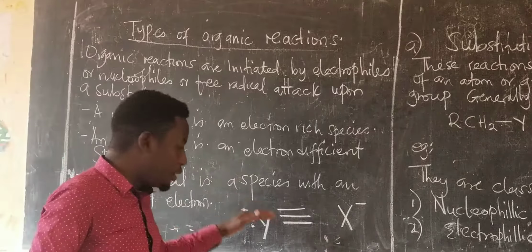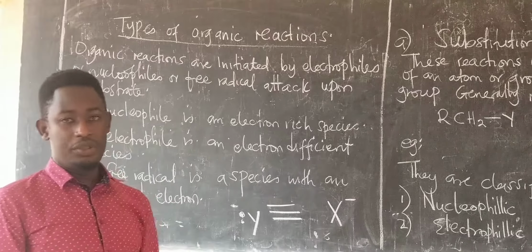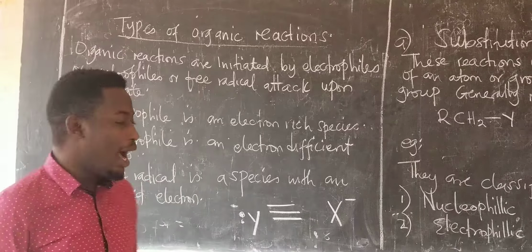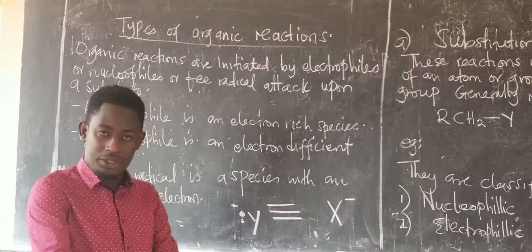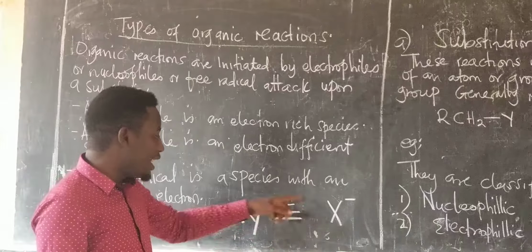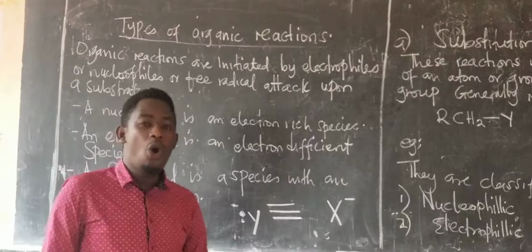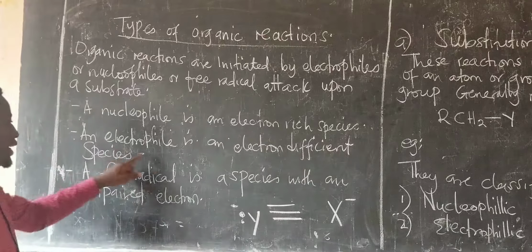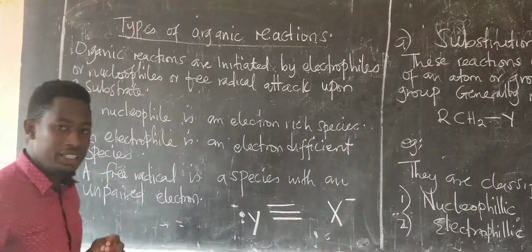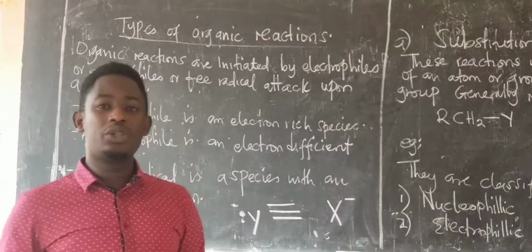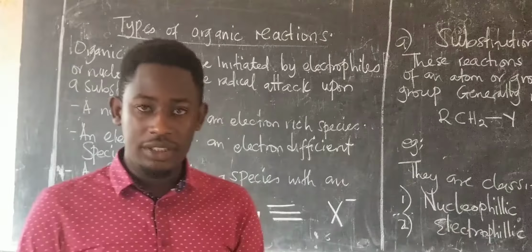So, a nucleophile is simply an electron-rich species. And in most cases, they are the ones that spark off the reaction, because the nucleophile in most cases will always be looking for an electrophile. And what's an electrophile? An electrophile is simply an electron-deficient species.